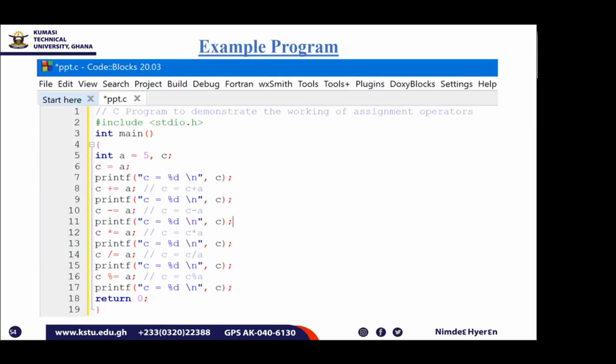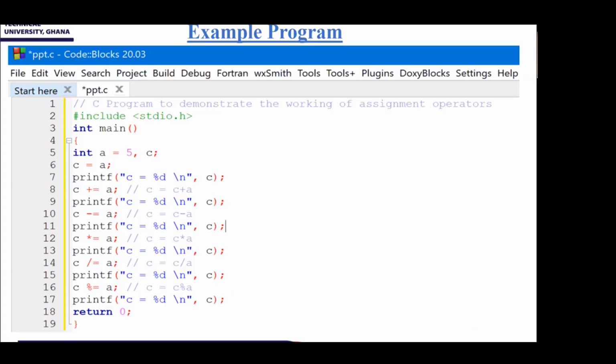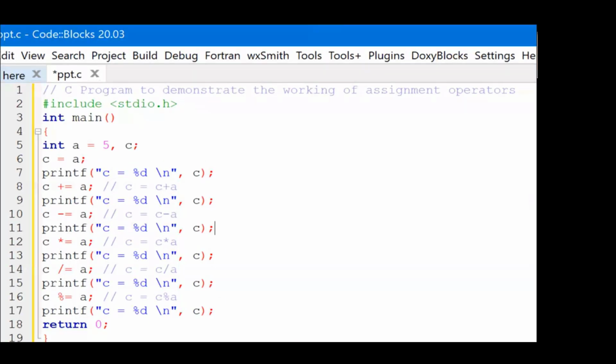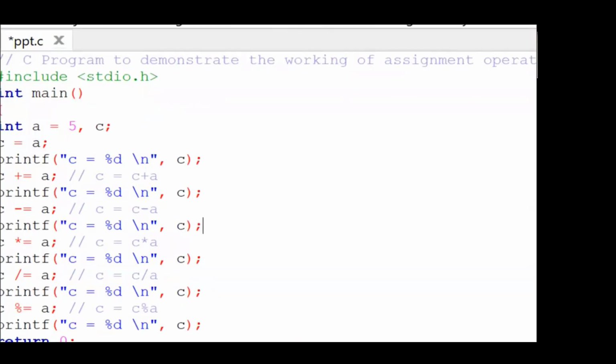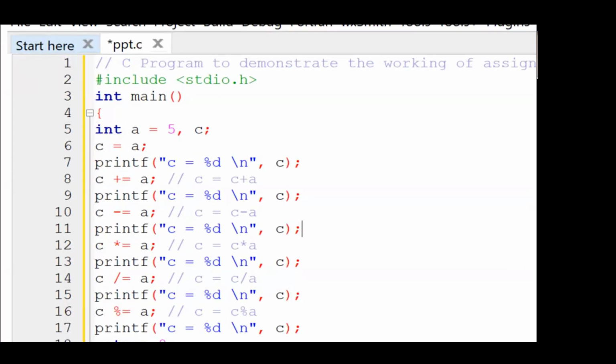Now let's look at how the assignment operator has been demonstrated in a code. In this code, you will see that we have integer a equals 5, and then we have another integer c.